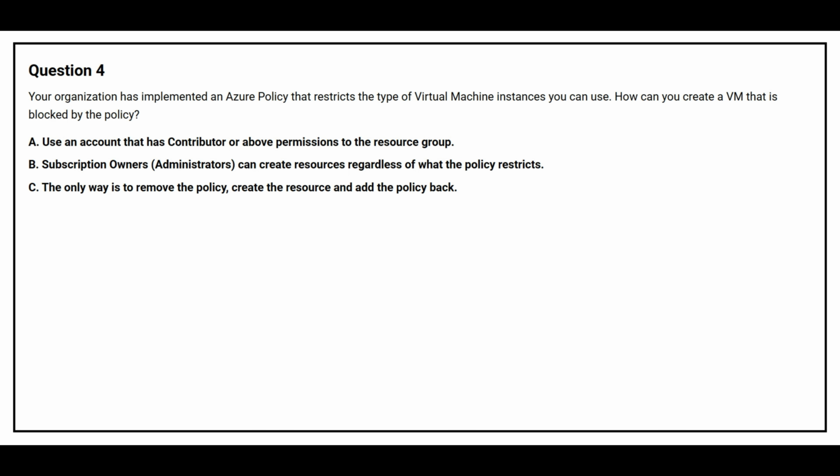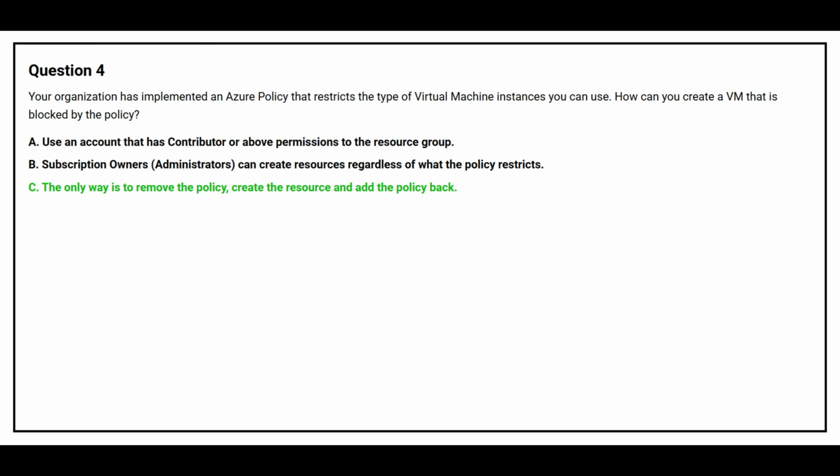Option B. Subscription owner. Administrators can create resources regardless of what the policy restricts. Option C. The only way is to remove the policy, create the resource, and add the policy back.